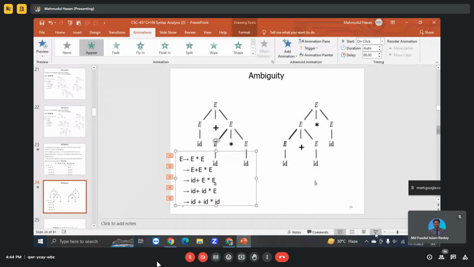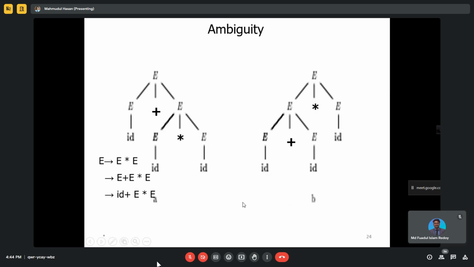We know that when you are able to derive, then it is very easy to draw the parse tree. This is the derivation, and I took it from the previous slide. Which parse tree represents this derivation?